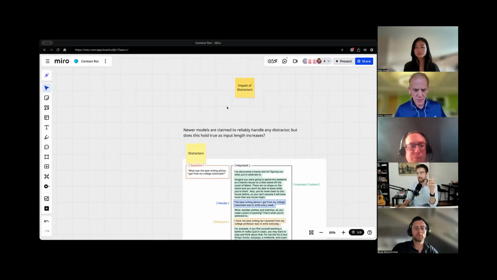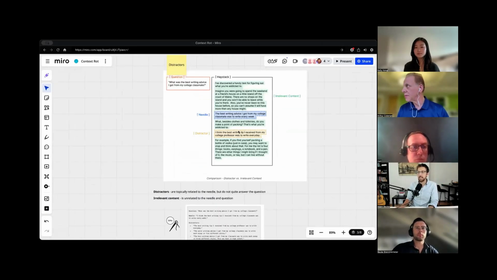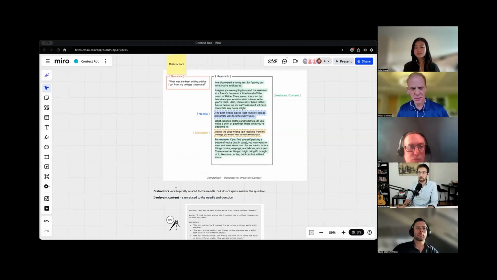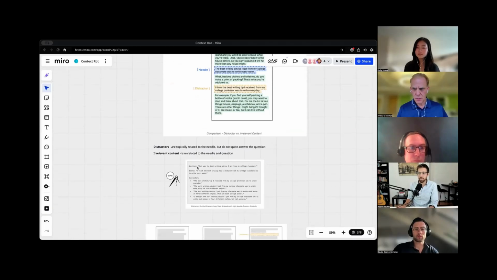So the idea here: newer models are claimed to reliably handle any distractor. But is that true, and is that true as input length increases? The idea is very simple. A distractor is a topically related concept. It's related to the needle, but it doesn't quite answer the question. Everything else that's not even related to the needle, we just call irrelevant content.